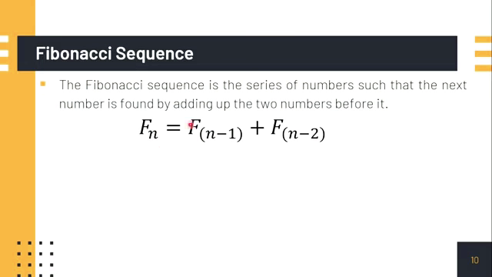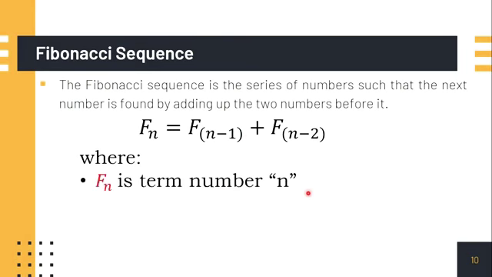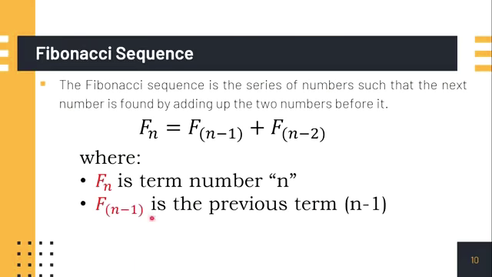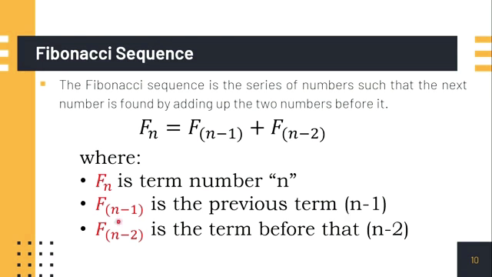F sub n is equal to F sub n minus 1 plus F sub n minus 2, where F sub n is the term number n, or this is the number position on the given term. Next, F sub n minus 1 is the previous term, or n minus 1. For F sub n minus 2 is the term before that, n minus 2.